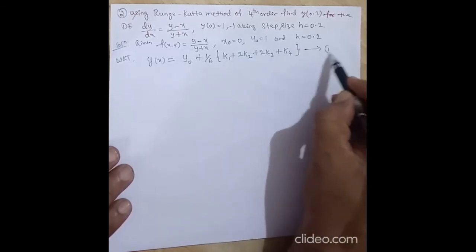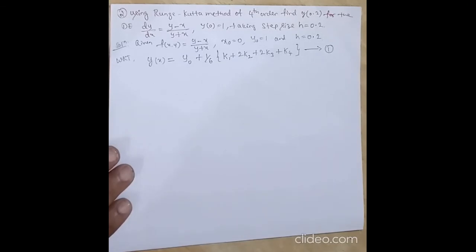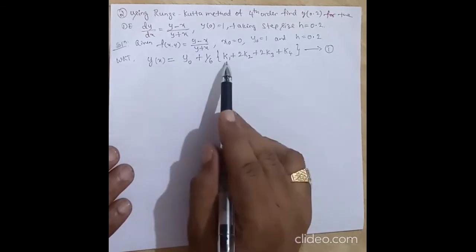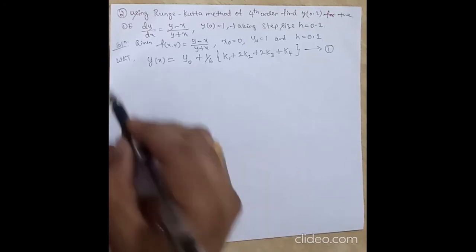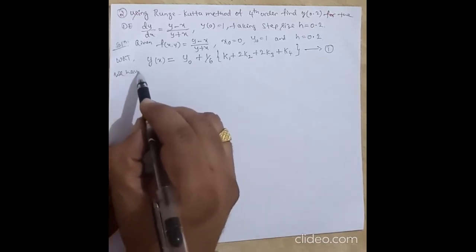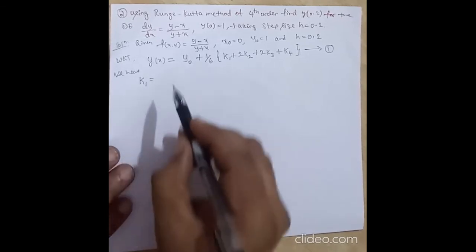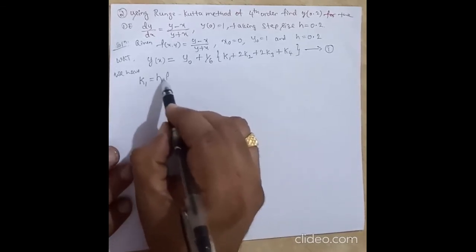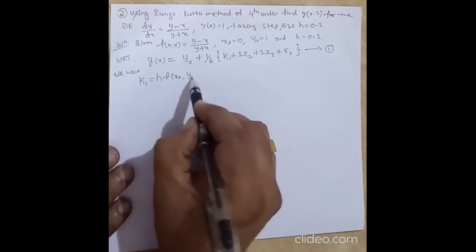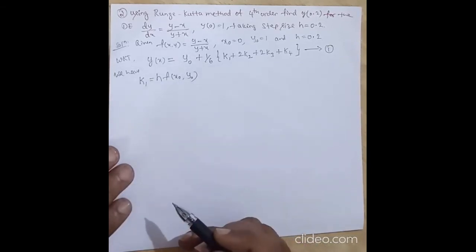So let us call it as equation 1. Now we will find the values of this case one by one. We have first k1 equals, so what is the formula of k1? We know k1 is h into f of x naught comma y naught.